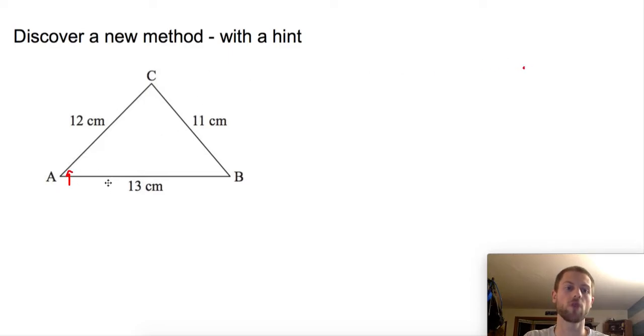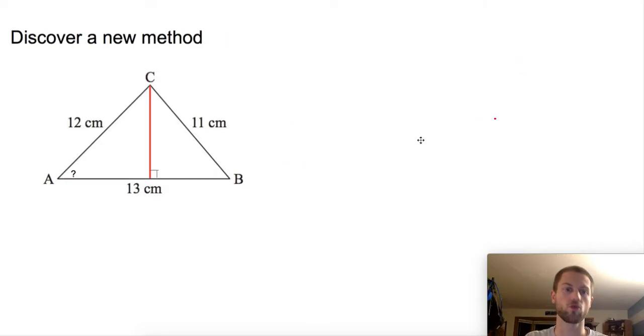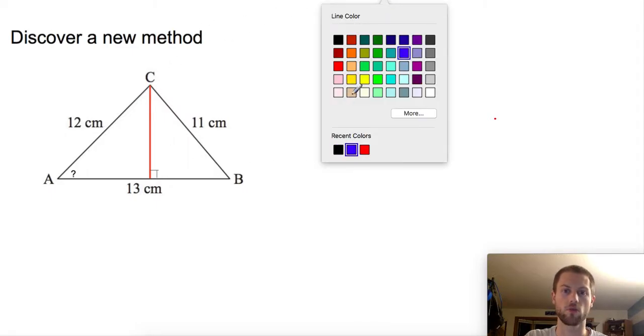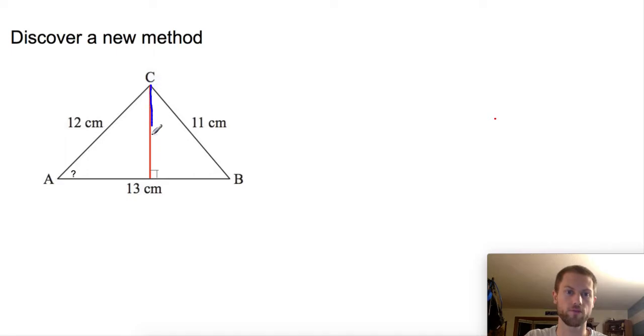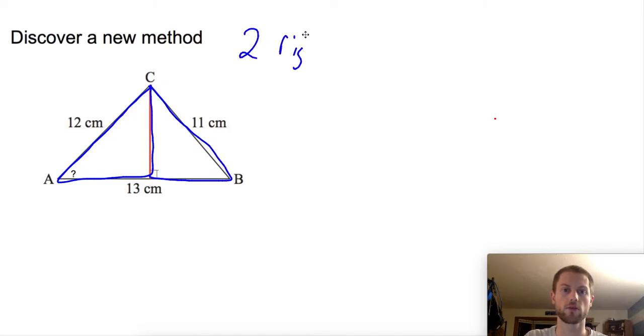We're going to need a new method to get there, but I'm going to give you a hint. My hint is that you should draw in two right triangles. Imagine this is a right triangle over here, and imagine that this is a right triangle here. You're going to need two right triangles to figure out what this angle is.